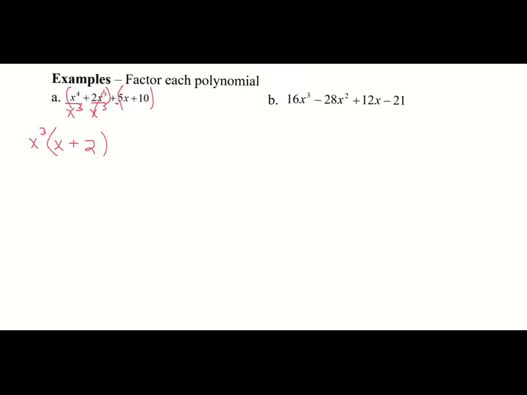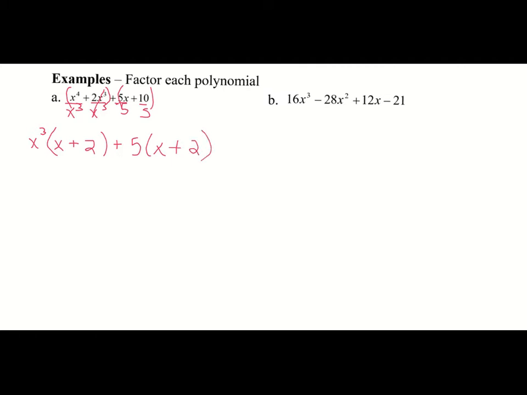I'll keep that plus sign right there. Now, my greatest common factor for 5x plus 10 is going to be a 5. So when I factor that out, I keep the 5 on the outside and x plus 2 on the inside.